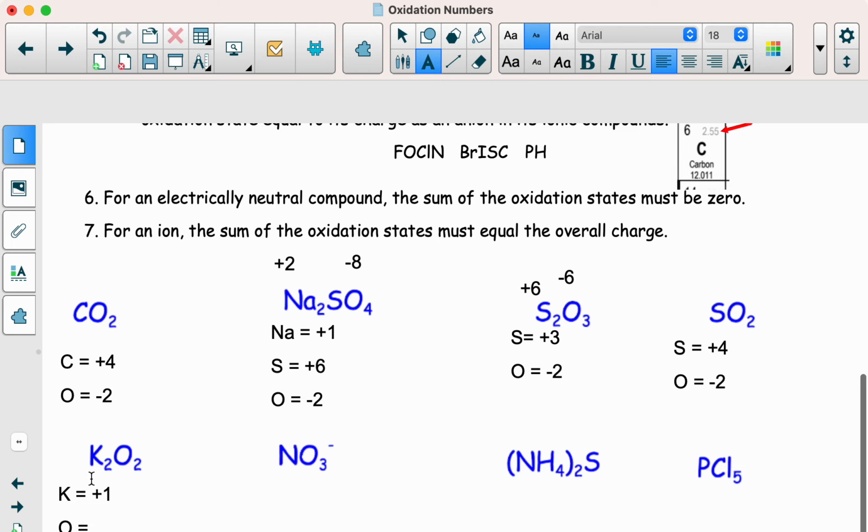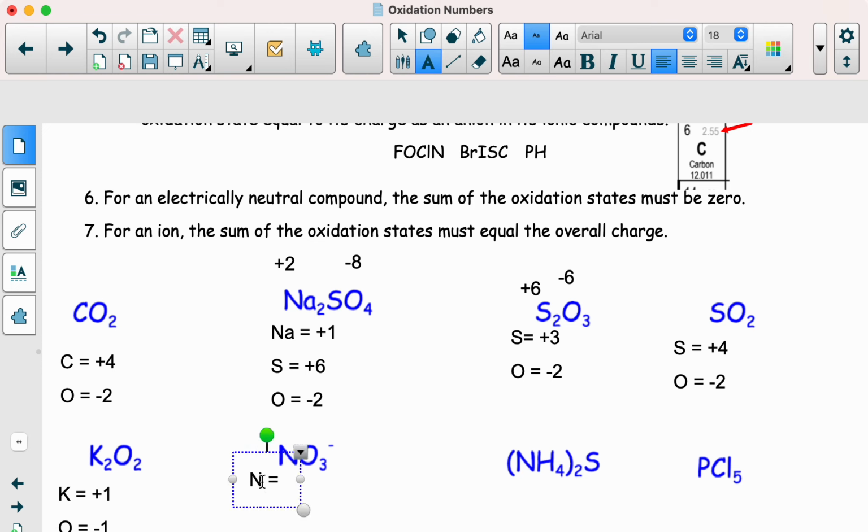If potassium has to be +1, because that's the only state it can take on, that means that our oxygen here isn't going to get to be what it normally likes to be at the -2. Oxygen has to take on its other possible oxidation state, which is its -1 oxidation state. The O2 here is serving not as two oxide ions, but serving rather as the peroxide ion, the O2 2-.